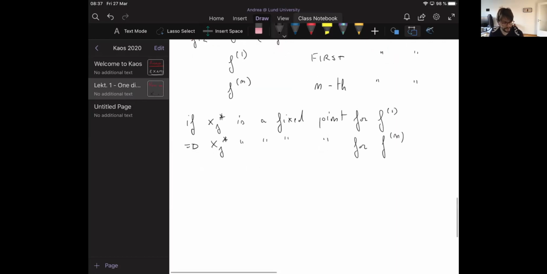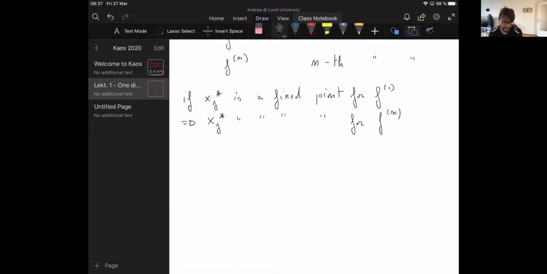So this is fairly simple to demonstrate using the properties of the derivatives. So if I do the derivative, if I write the derivative for the second return map at the fixed point, assuming that the first return map has a fixed point in the same x star, so this is equal to f prime.